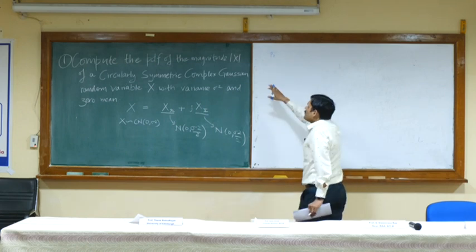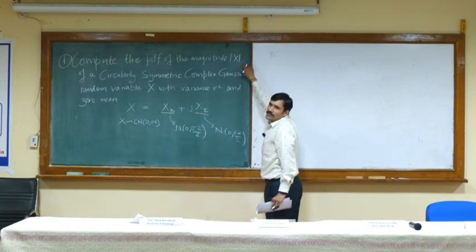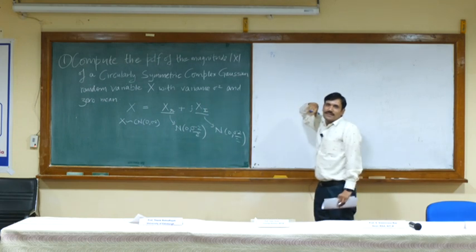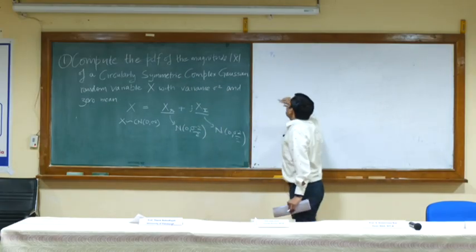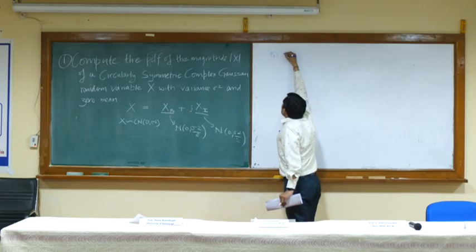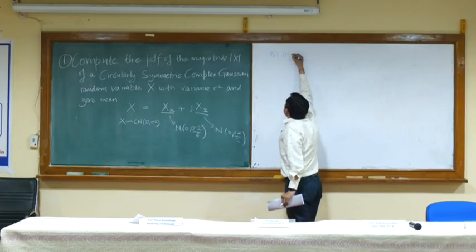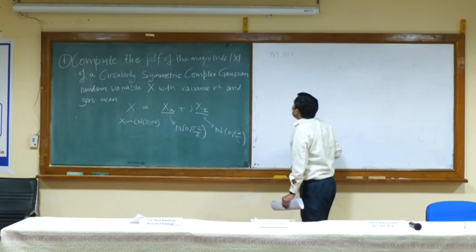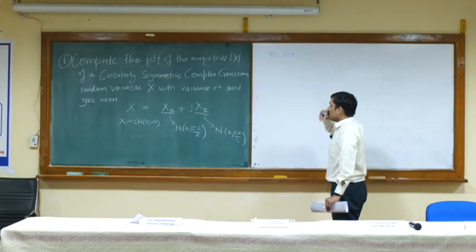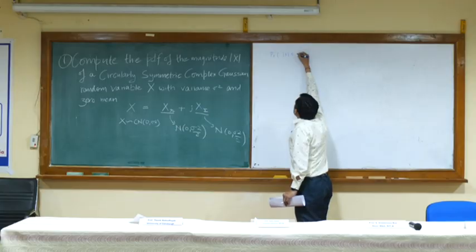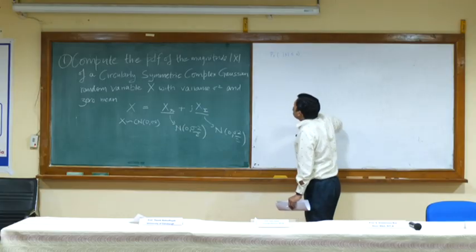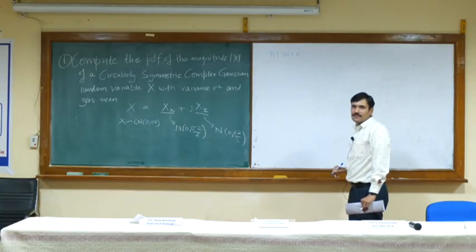So if we can calculate the CDF, then we take the differentiation, we will get the PDF. So here I am writing the probability that the magnitude of x is less than some variable, let's say a. This is the CDF.